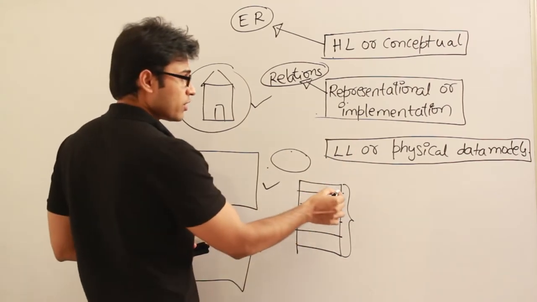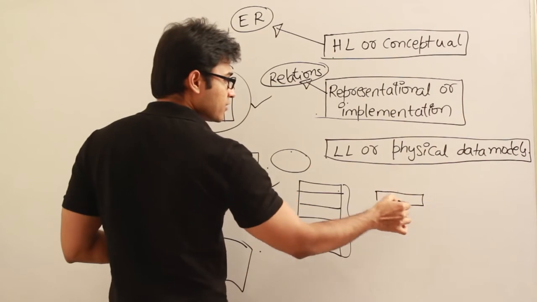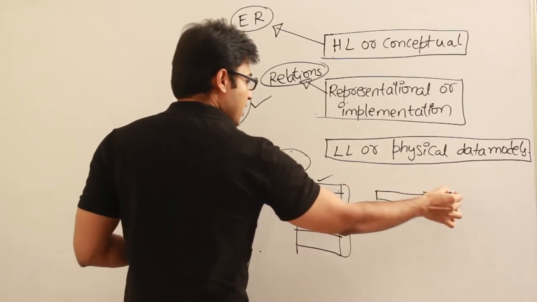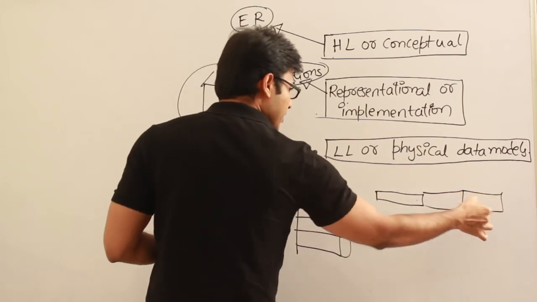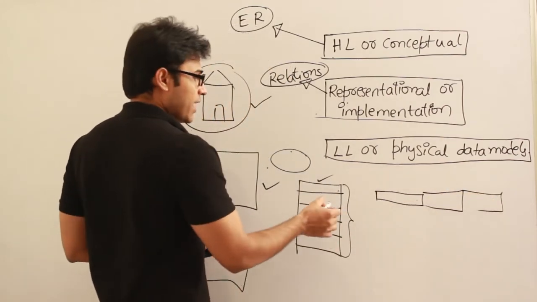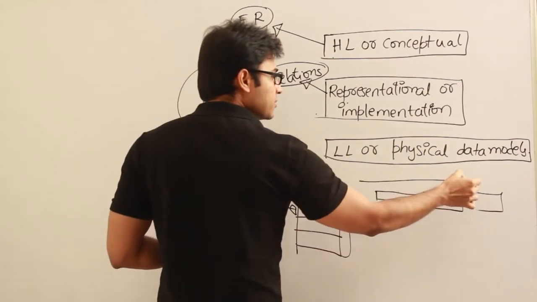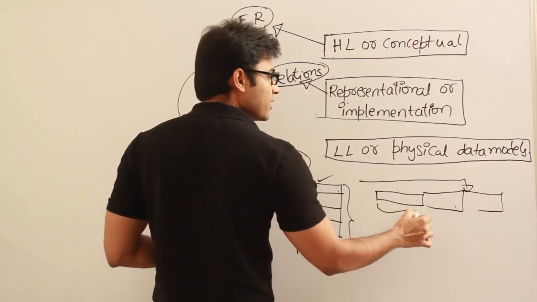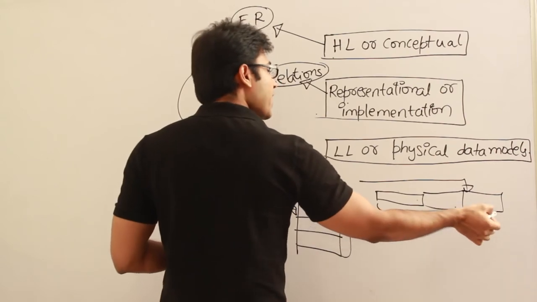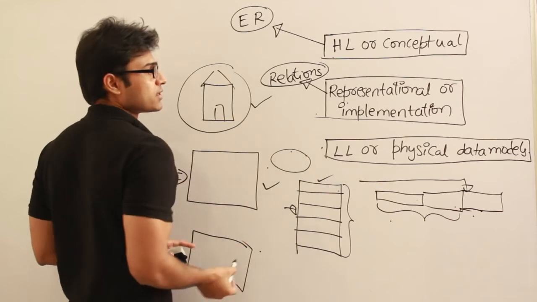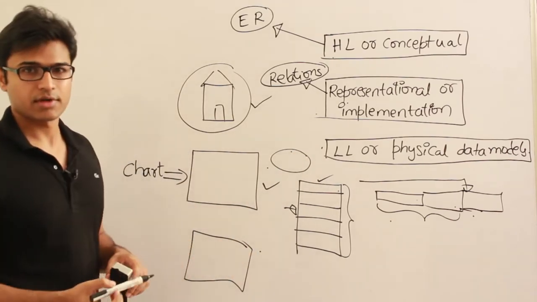You are going to store it as a sequence of bytes, which means if you go record-wise, you will place the first record, then the second record, then the third record. Then in order to access the third record in the table, you might have to skip that many bytes. That is called accessing. So how do you access a record? Everything that will be discussed using these physical or low level models.